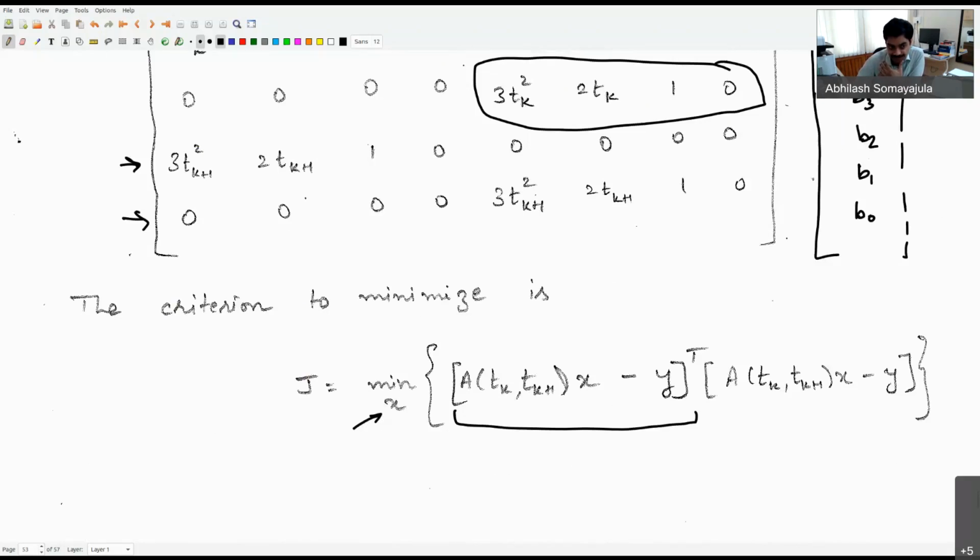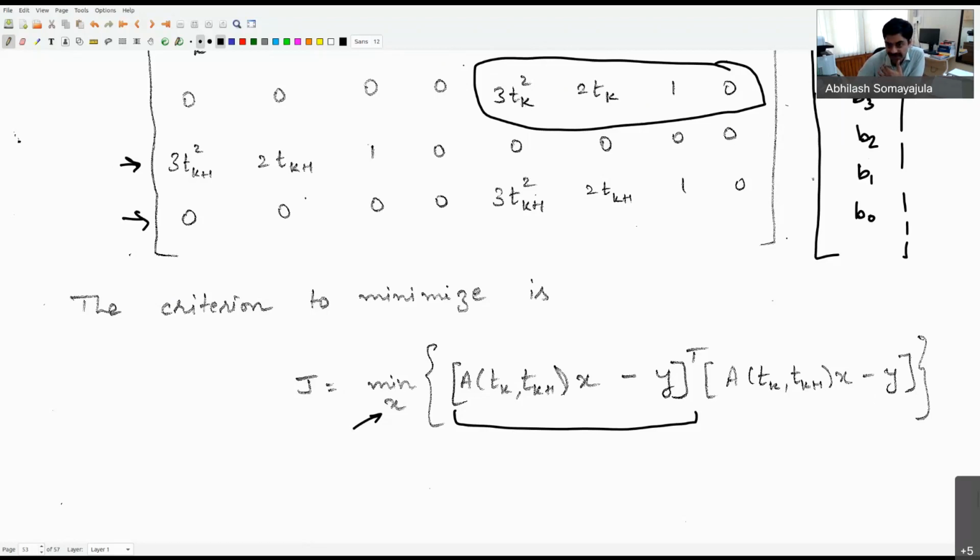That is the idea. If I expand this out, there will be some terms in this objective function which are constants, which don't have anything to do with the variable x. Those terms I can separate out, because you will get one term which is y transpose times y.